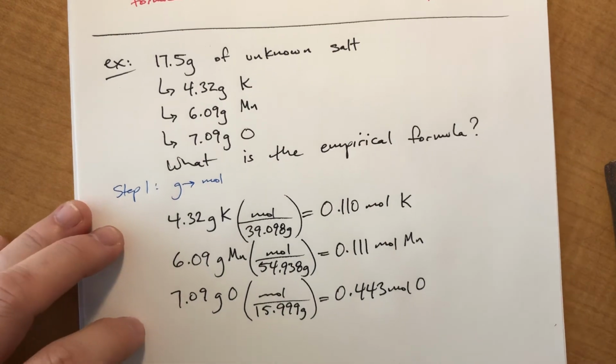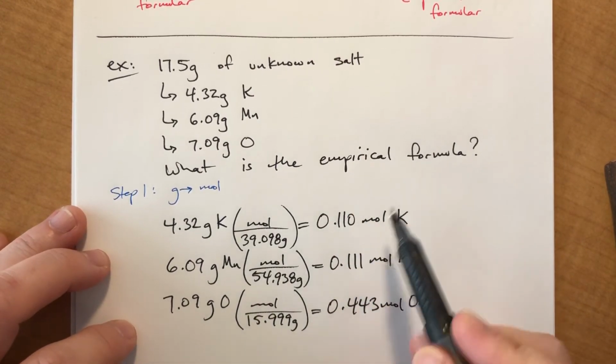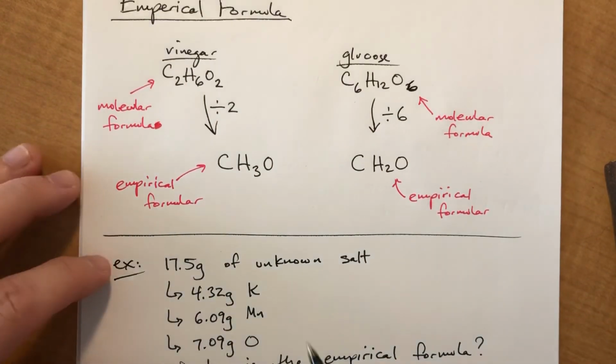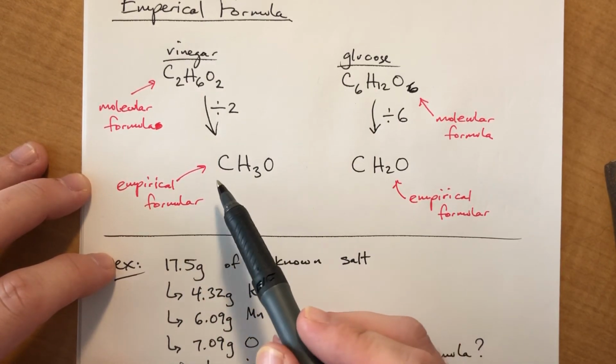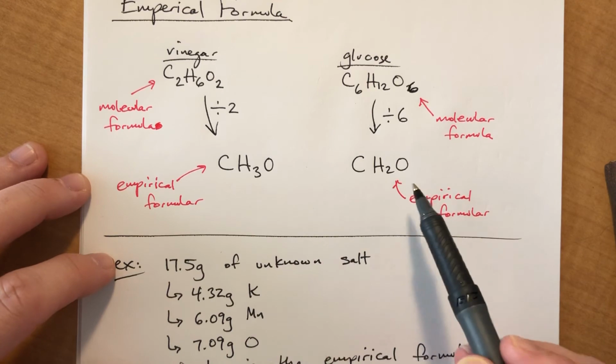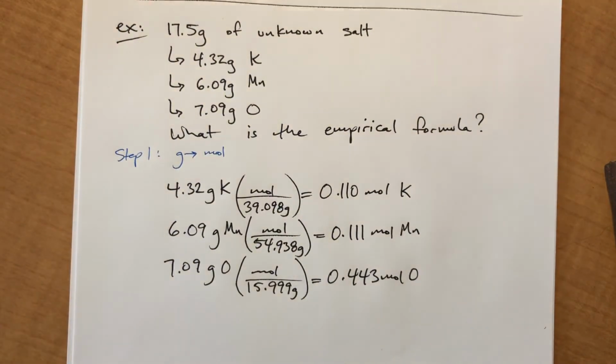What we are looking for in the end is not moles. What we're looking for is these nice whole numbers in the simplest form possible, like in a 1 to 3 to 1 ratio or a 1 to 2 to 1 ratio. We want to know what is the ratio of these things.